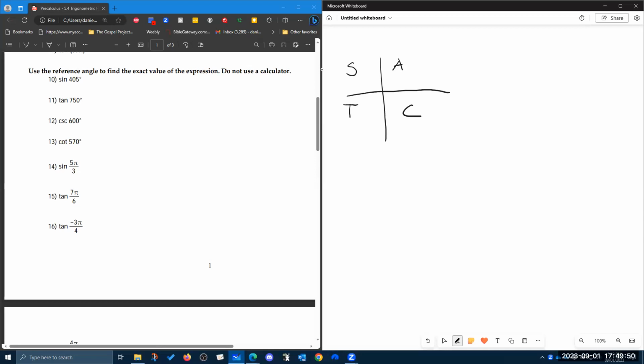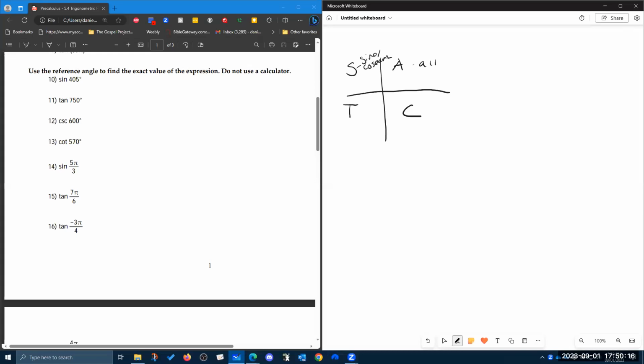So I say to myself, all students take calculus. Other people say things like add sugar to coffee. The A stands for all 6 trig functions are positive there. Sine and its reciprocal cosecant are positive here.